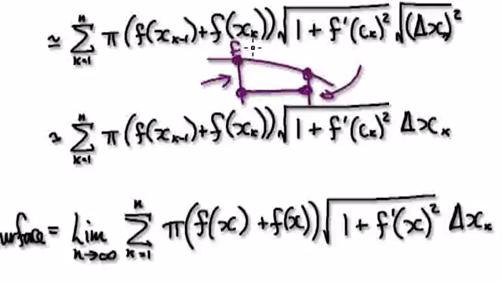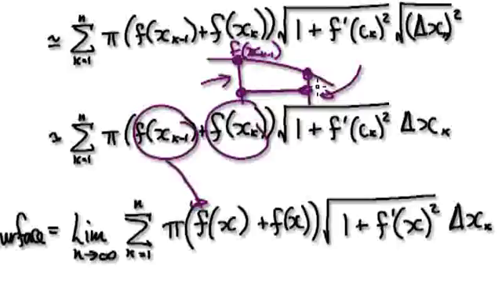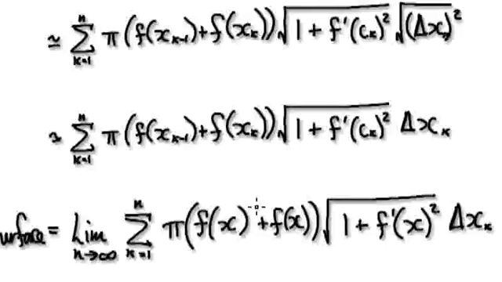So this f of x k minus 1 will become f of x, and then this line here, as you make delta x tend to 0, this radius here becomes f of x. Okay, so anyway, that then becomes that, and this thing here becomes f prime of x as you make delta x tend to 0.